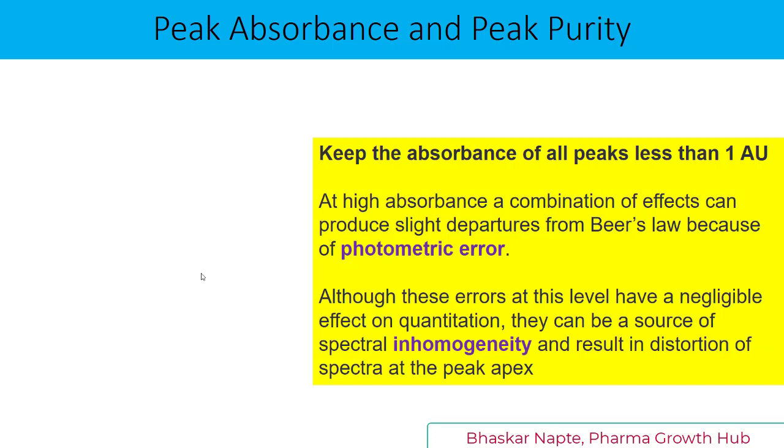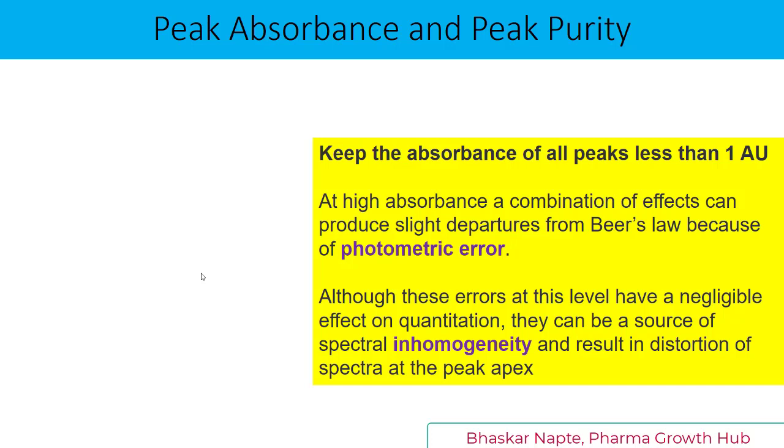Although this error at this level has a negligible effect on quantitation, it can be a source of spectral inhomogeneity and result in distortion of spectra at the peak apex. So the major concern is that the spectrum at the apex of the peak is always taken as the reference UV spectrum to compare against the other spectra across the peak.